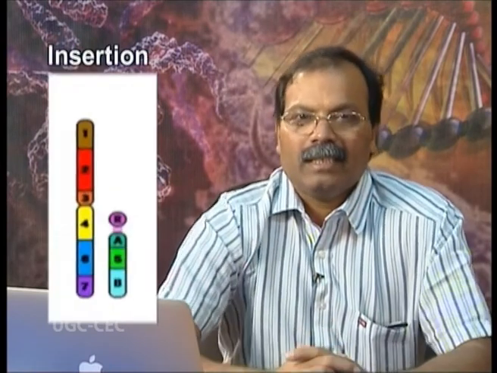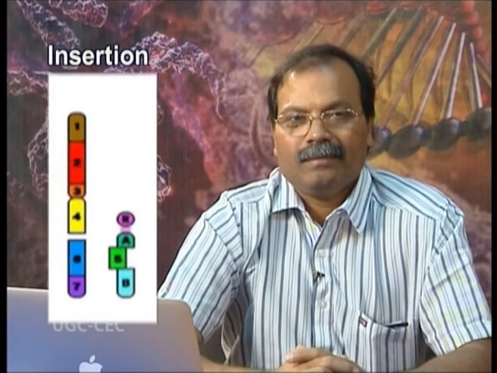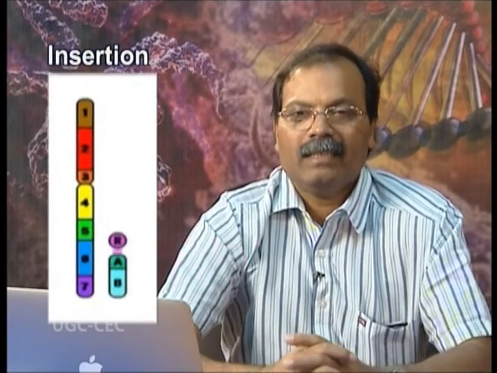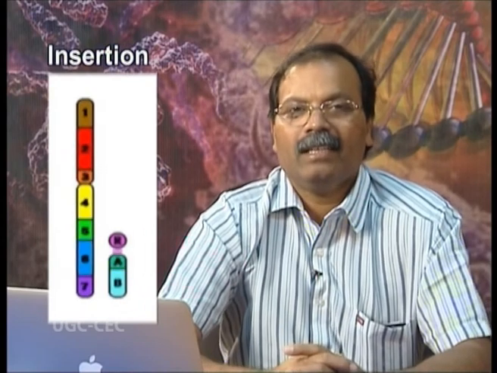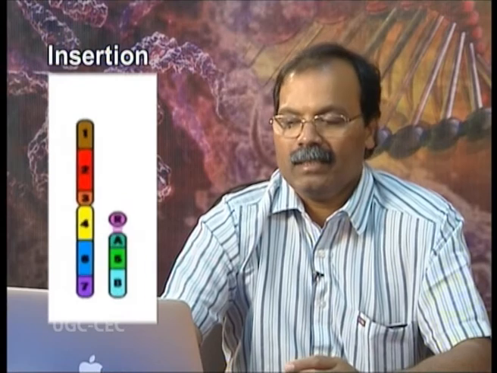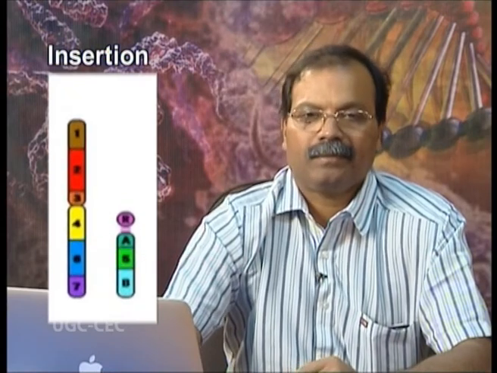Another one is the insertion. It is a deletion and gain of additional chromosome material. It is called insertion. There are a few examples of chromosomal duplications, which again lead to various diseases.